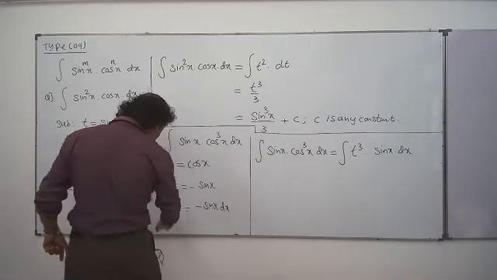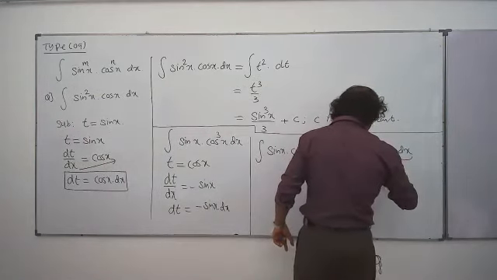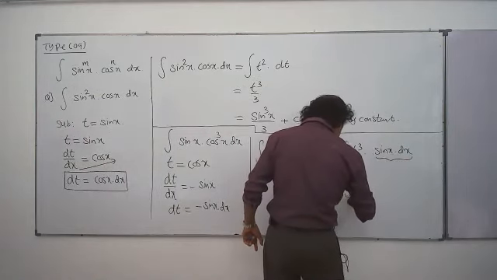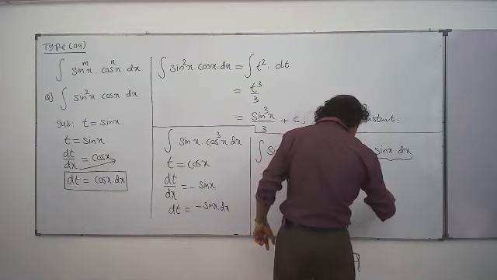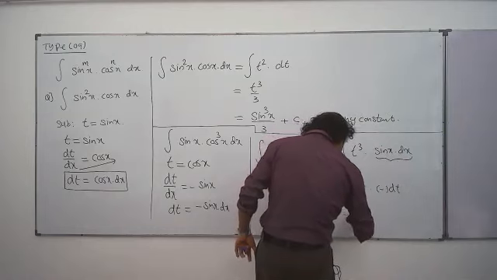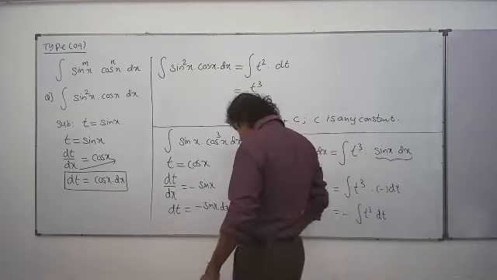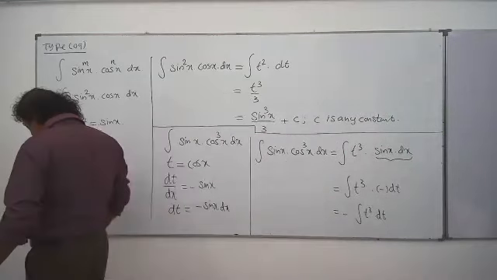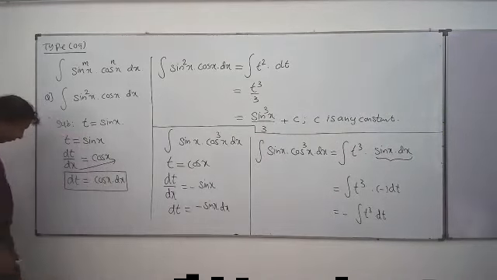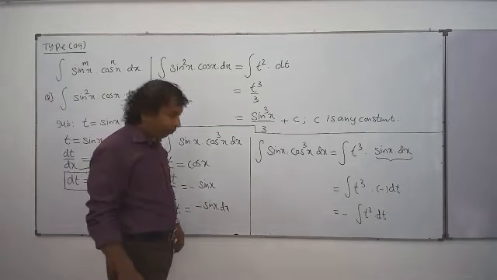Sin x dx is minus dt. T cube into minus dt. Take minus sign out, t cube dt. Then this is t to the power 4 by 4.